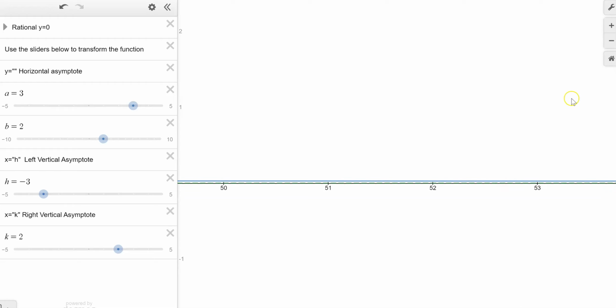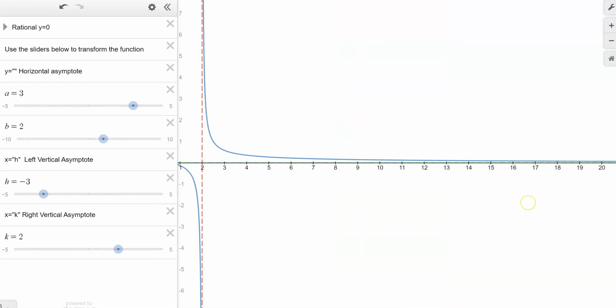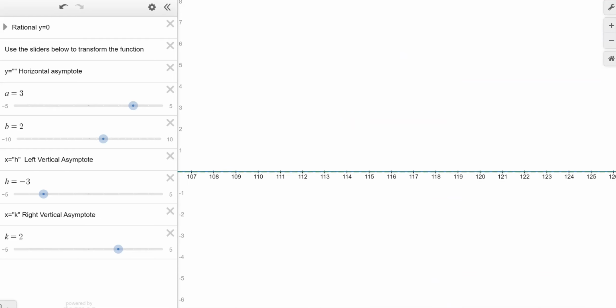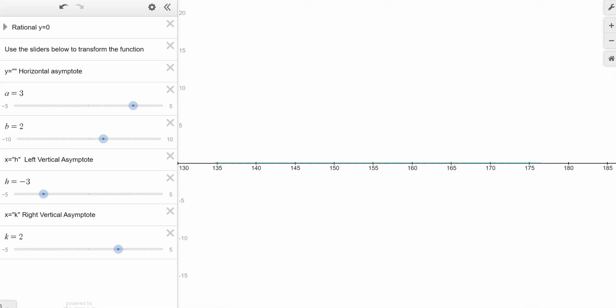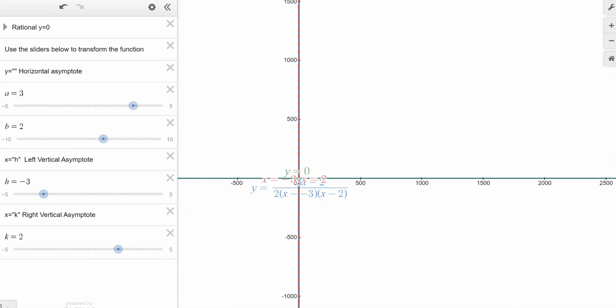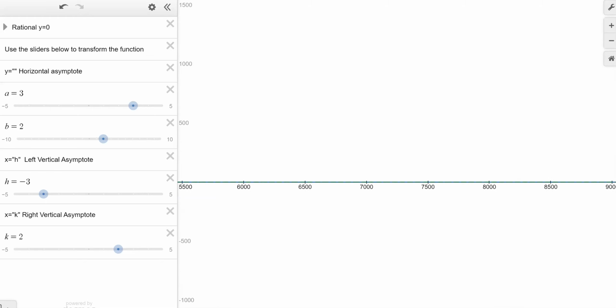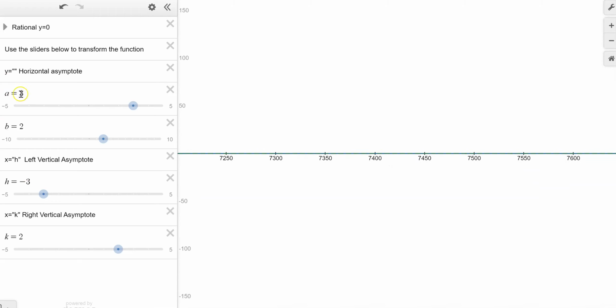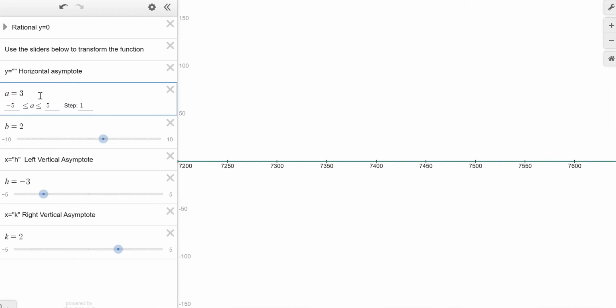So no matter how far I scroll out, all right, if I go way out there, it's going to take me a while to get here. Let's get really far out there. Okay, so like 7,000, right? That would be plugging it in. So that would be 3 over 2 times 7,000.